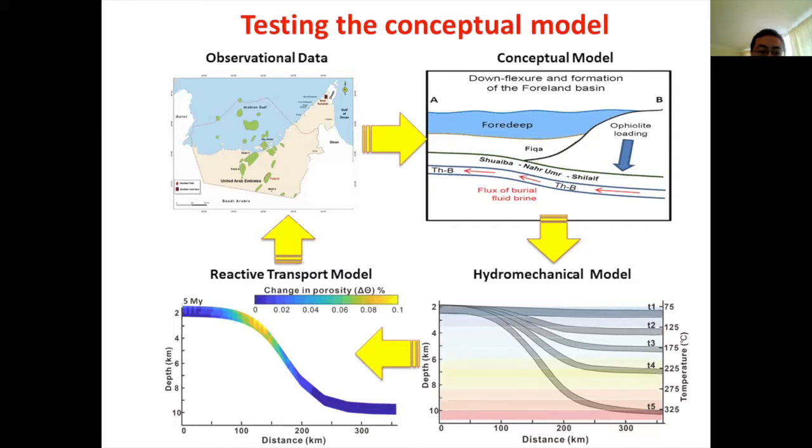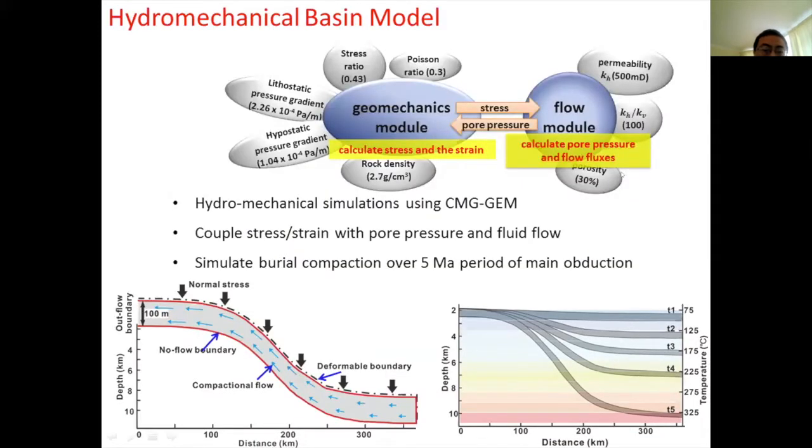Then we compare our simulation results with observation data to test the conceptual model. Our hydromechanical simulation uses CMJ and JEM to simulate the geomechanical process of rapid burial over 5 million years, which couples the strain with pore pressure and compaction flow.